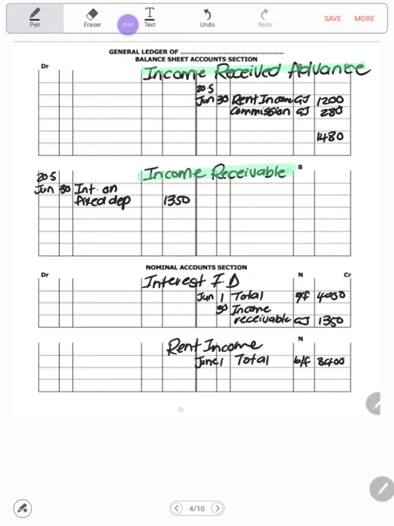It's not income for this current financial period, and therefore we will put it on our credit side. 30th of June 20.5, income received in advance. And we work that out to be 1,200.